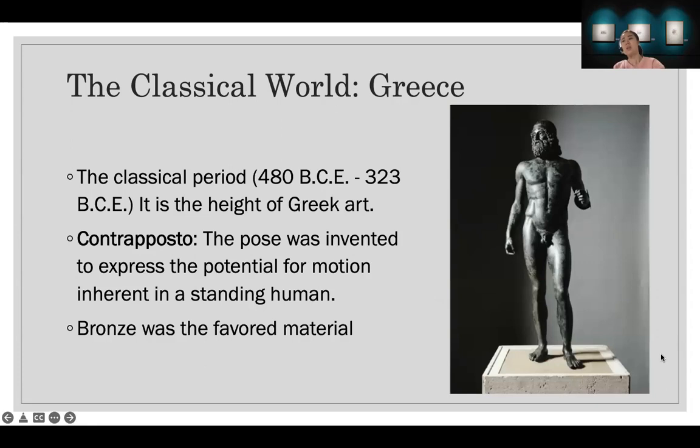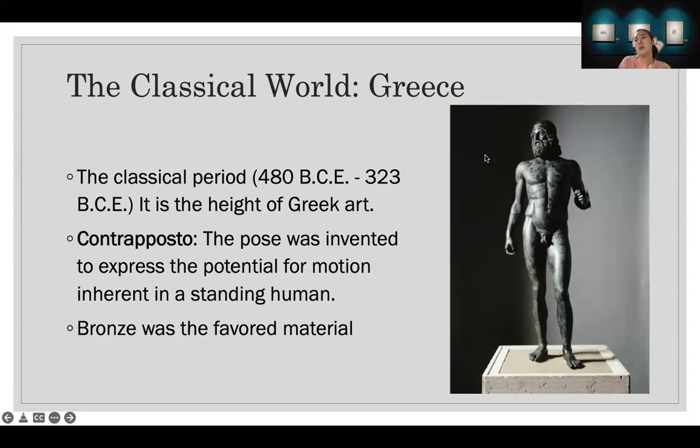Now, let's move on to the classic period of Greece. The classic period dates from 480 BCE to 323 BCE. It is considered to be the height of Greek art. So Greeks invented the contrapposto pose.